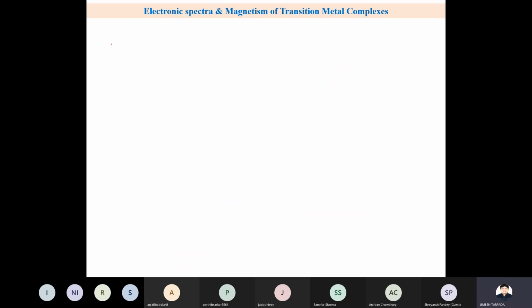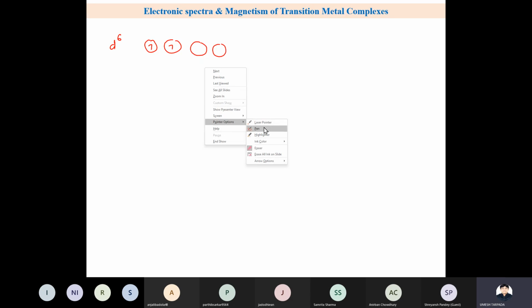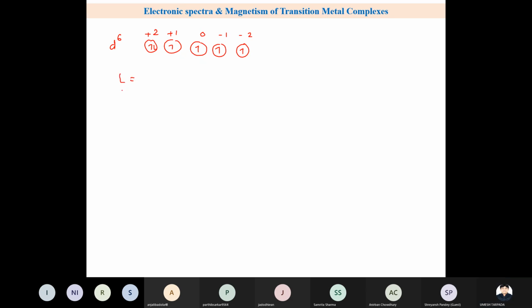What is the term symbol for the D6 configuration? This is D6, there are 6 electrons. So 5 electrons in each orbital with half spin: plus 2, plus 1, 0, minus 1, minus 2, and 1 electron is over here. What is its L value?